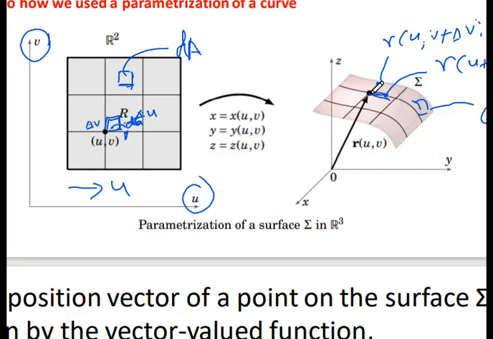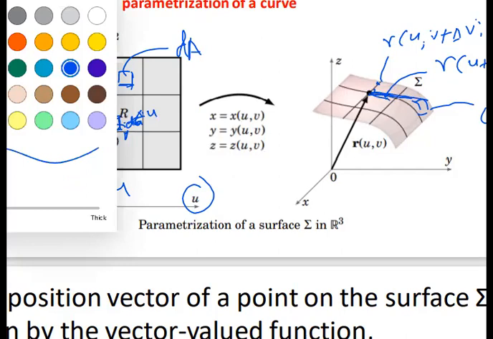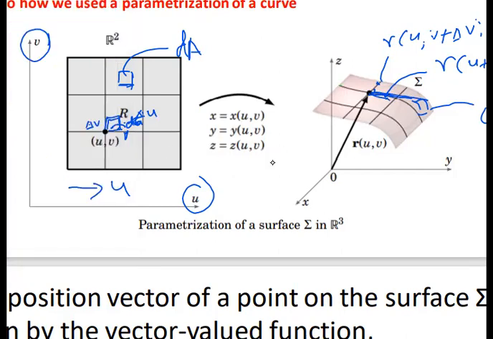Which is the same as the tangent to this curve. If you take the limit as delta goes to 0, then you get the tangent to this curve here. This curve, I will draw in a different color.